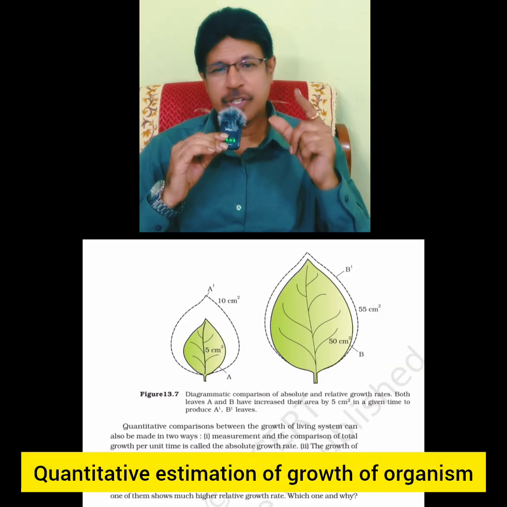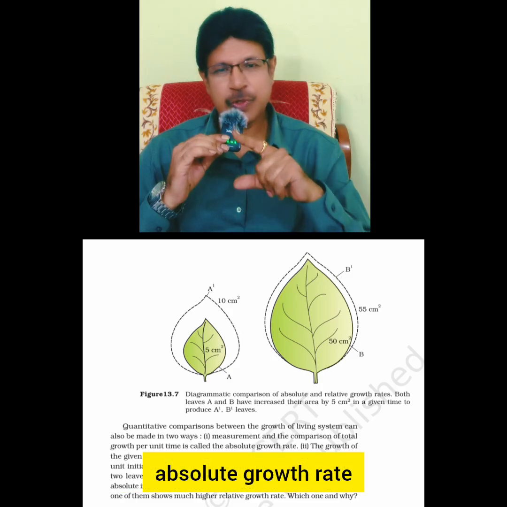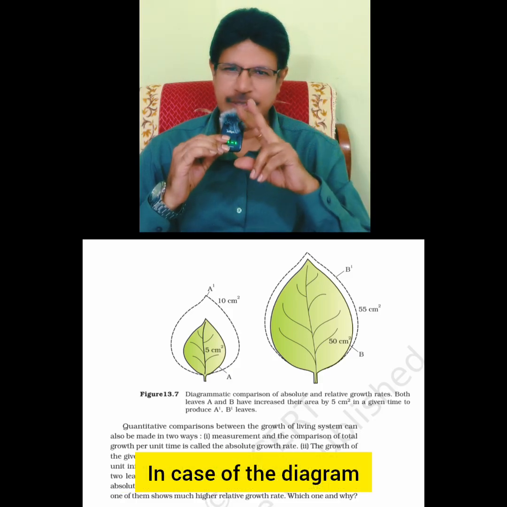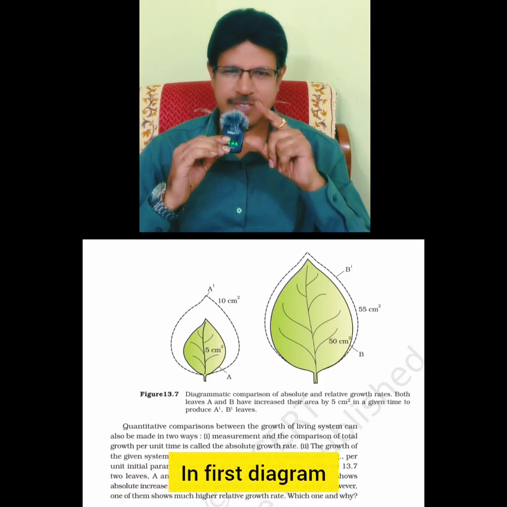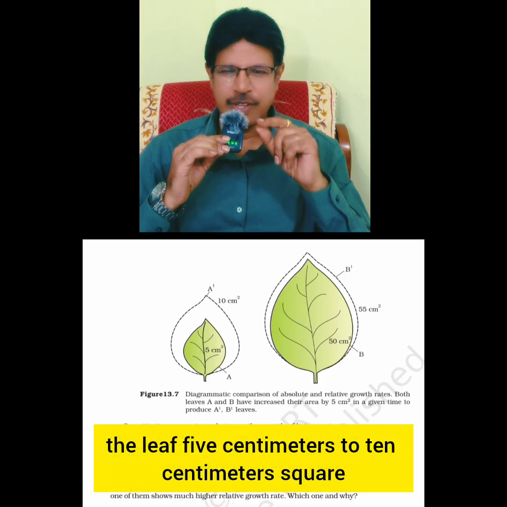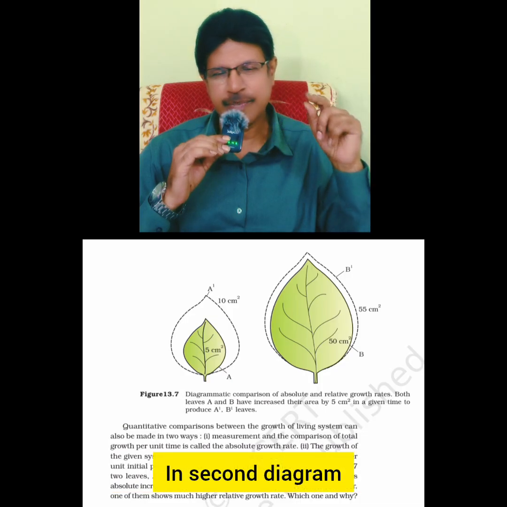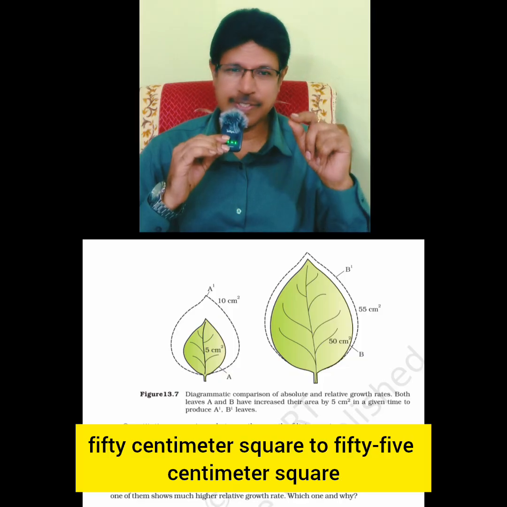Next, quantitative estimation of growth of an organism can be made in two ways: absolute growth rate and relative growth rate. In the diagram, two diagrams are mentioned, A and B. In the first diagram, the leaf goes from 5 centimeters square to 10 centimeters square. In the second diagram, 50 centimeters square to 55 centimeters square.